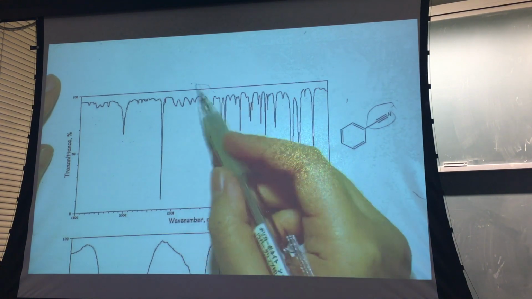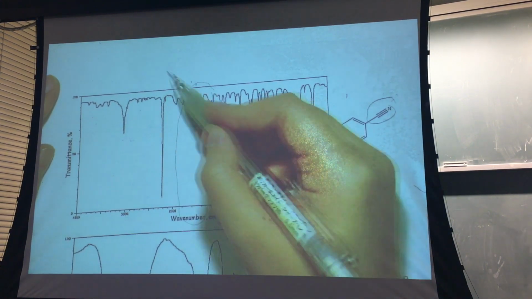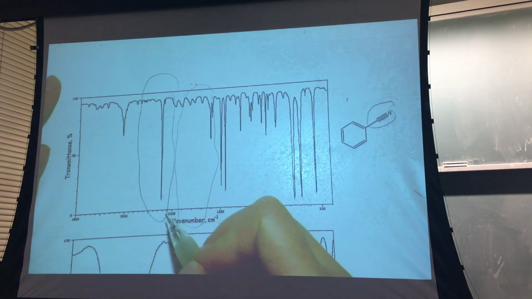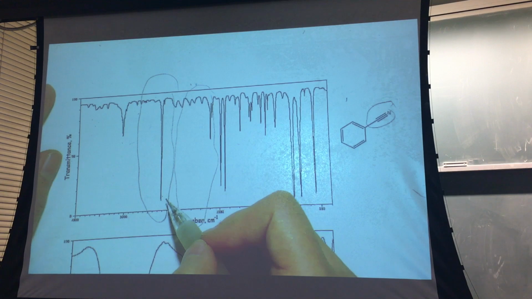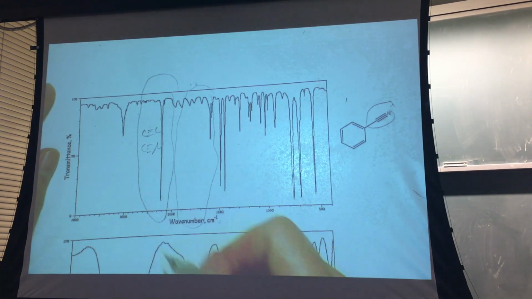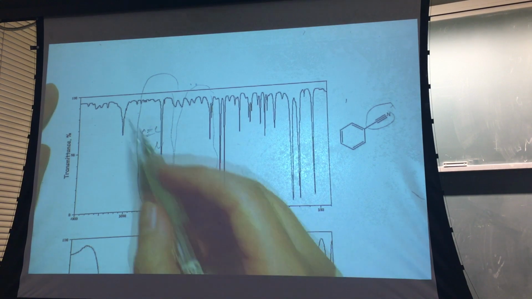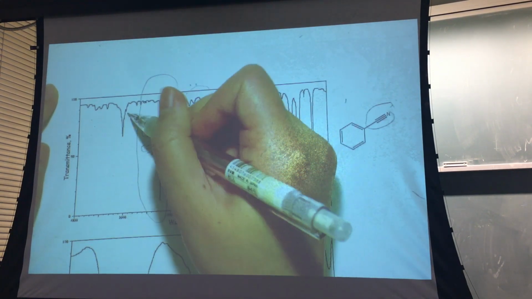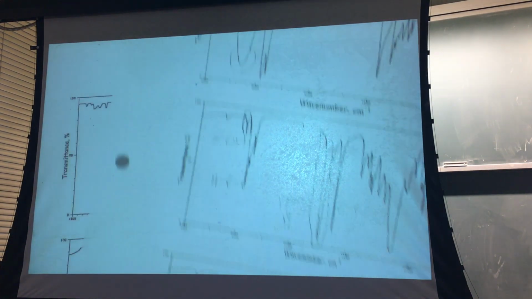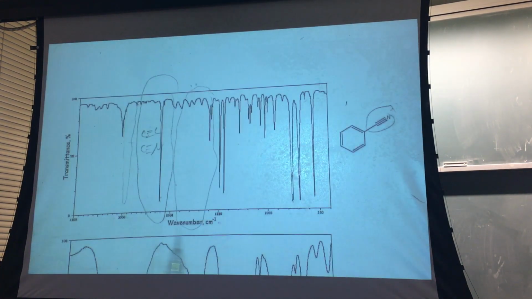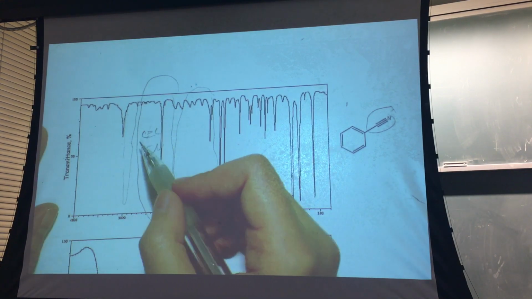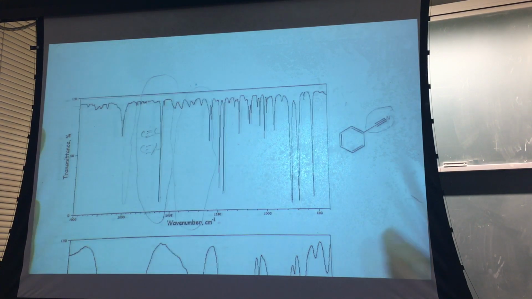So remember, this region is double bond, and the region next to it is triple bond. That really sharp peak is responsible for the carbon triple bond or cyano group. Looking at the table, it's still within the region. And then it doesn't have any saturated C-H peaks like this one before, which means all of the hydrogens on carbon in this compound are in sp2 or sp3 positions, which is the case.